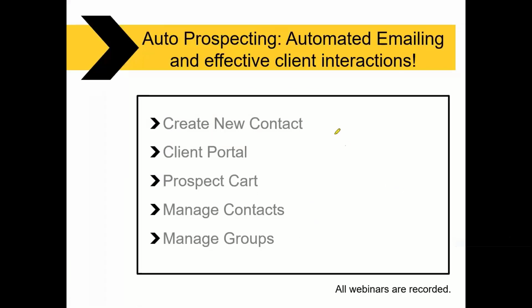All right, you guys. So here's what we went over today. We went over creating a contact. We added all their information. Remember, the contact name, groups, and email are all required fields. We set up the client portal. I showed you the interaction within that. It's a really great tool. I showed you your side of it, which is the prospect cart.